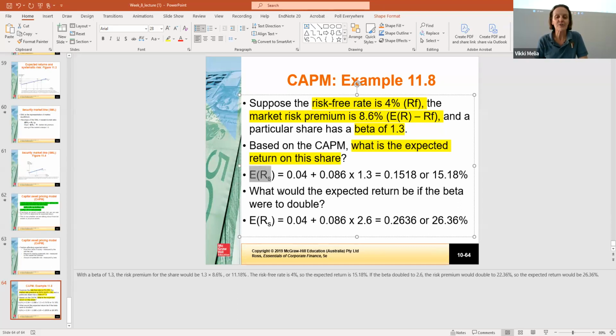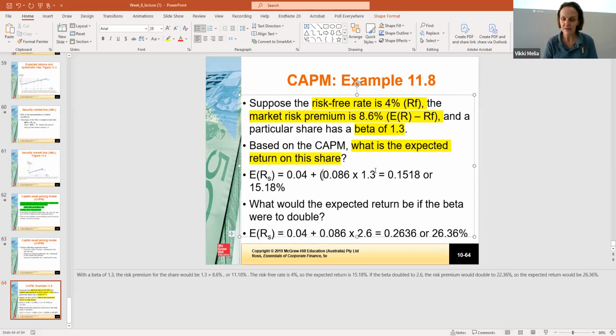So the expected return is equal to the risk-free rate plus, I'm just going to put brackets on this, plus the market risk premium multiplied by beta. So the expected return from that asset or that share is 15.18% based on that beta of 1.3.